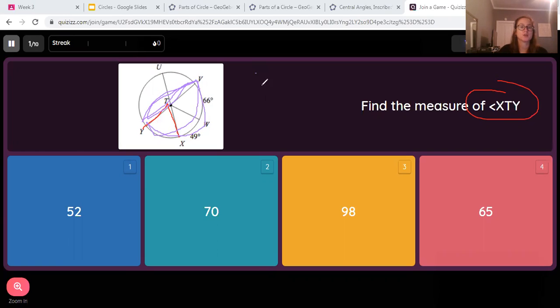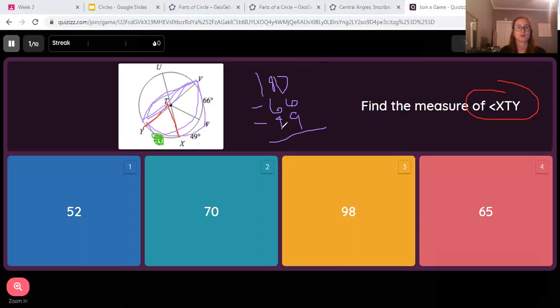So if we know that the whole thing is 180, and then we've got these other parts here, we can just subtract those parts from the 180 and get that leftover piece.